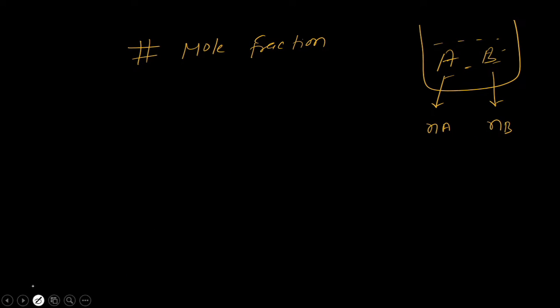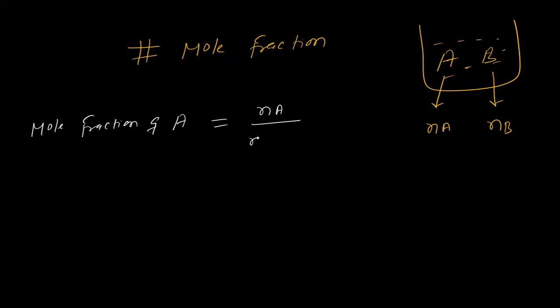Now how will you solve such type of question? First you should know the formula of the mole fraction. The mole fraction of A will be equal to the number of moles of A upon the total number of moles. That's it.